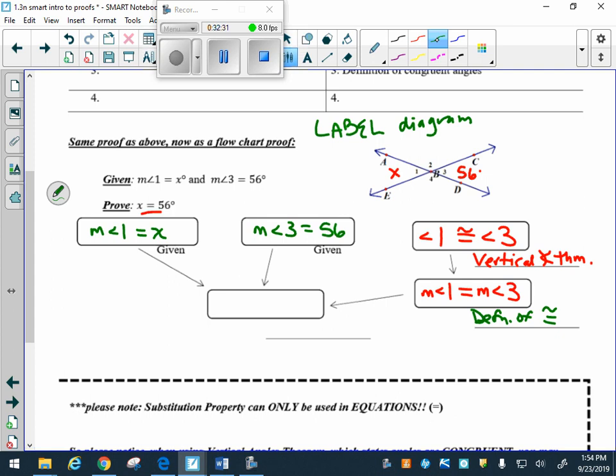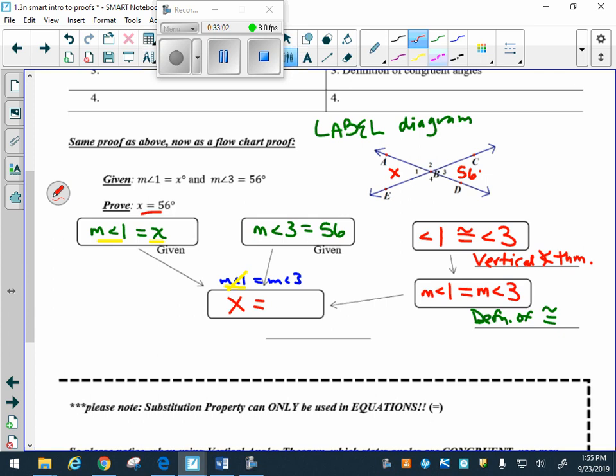Now the magic happens, right? Now we say, aha, if I have this equation here, don't write this, but if I have this equation, measure of angle 1 equals measure of angle 3, and I know that the measure of angle 1 equals x, then I can kick out that measure of angle 1 and replace it with x.